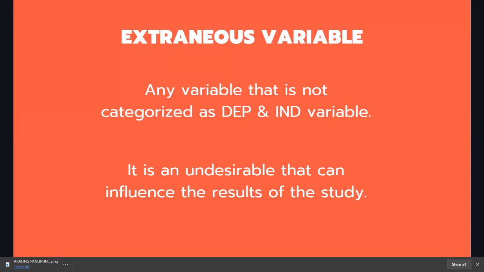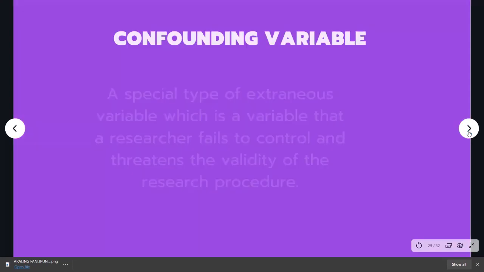Take note that these are variables which are already existing or extra variables that are already existing. Hence, we have the term extraneous variables. And because of this, as much as possible, it must be controlled because they can offer alternative results.